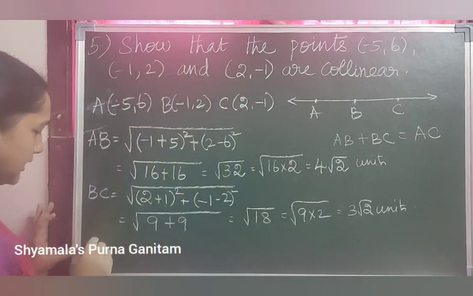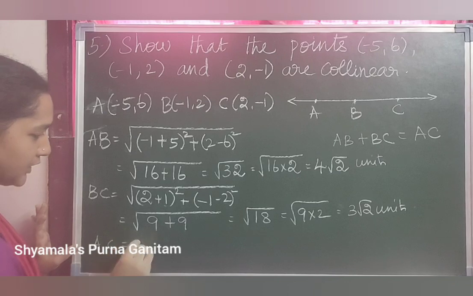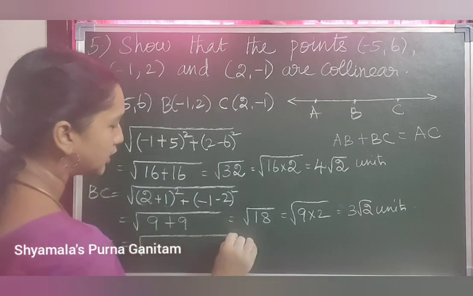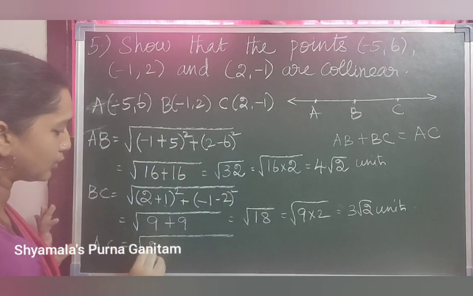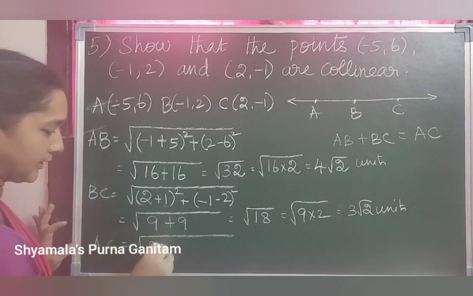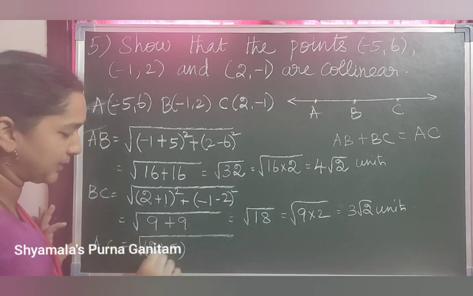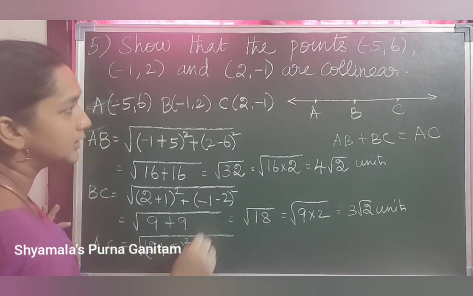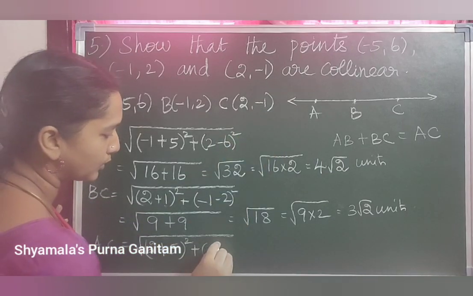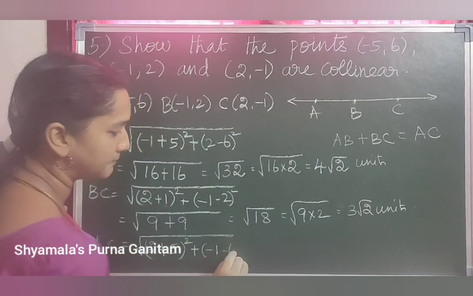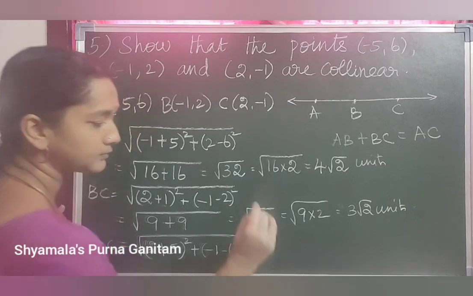Then the last one is AC. AC is equal to root of x2 minus x1, minus of minus plus, I will do whole square, plus y2 minus y1 the whole square.